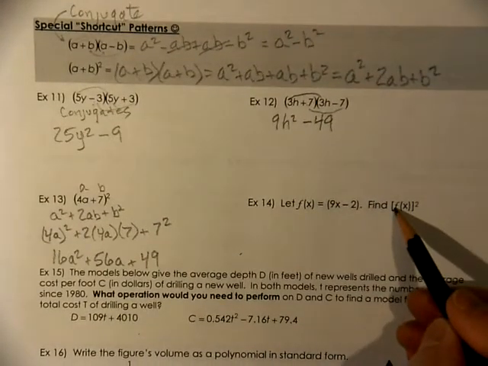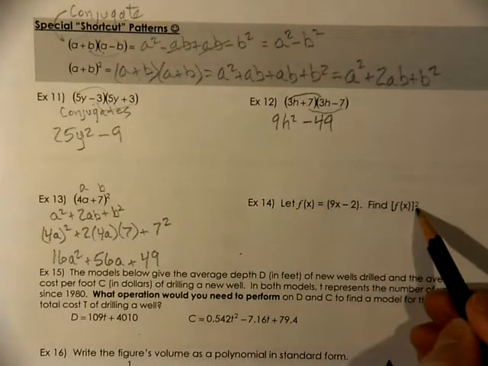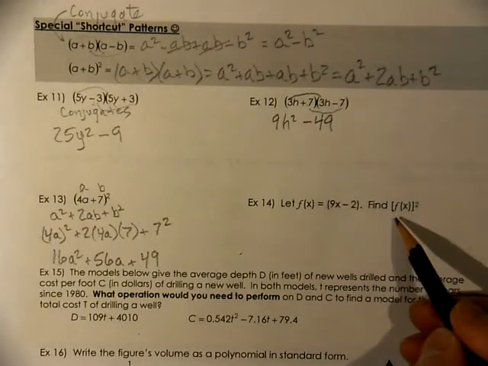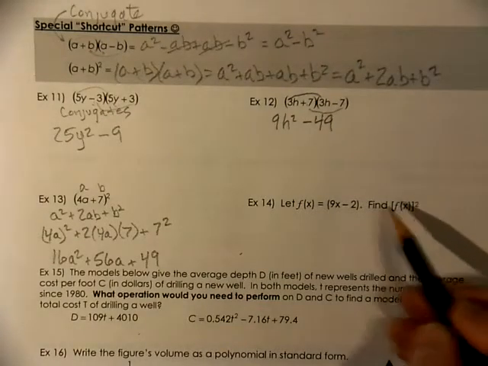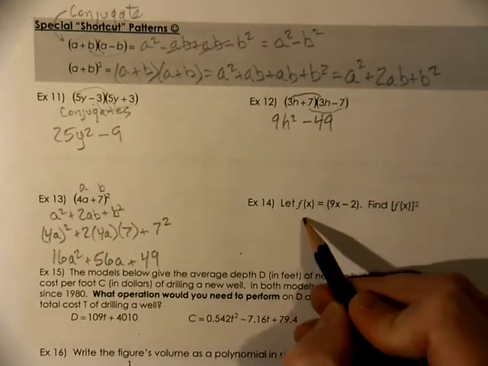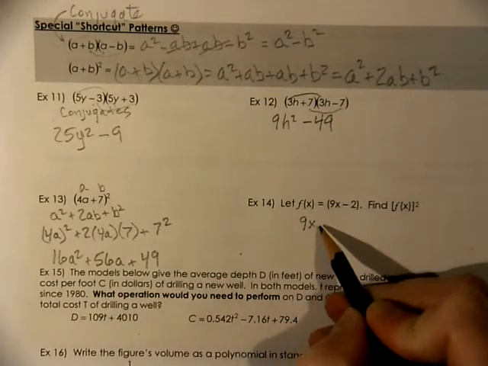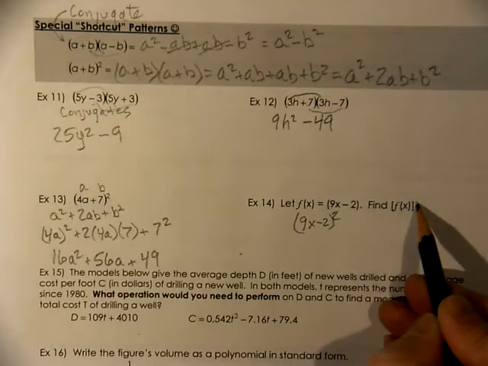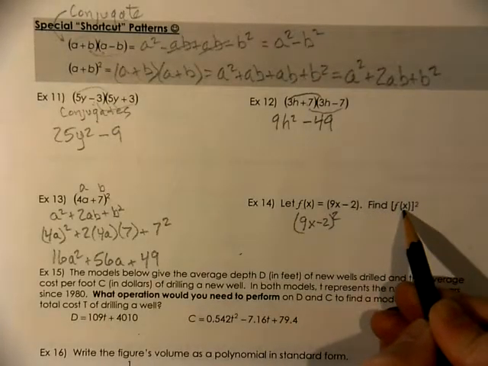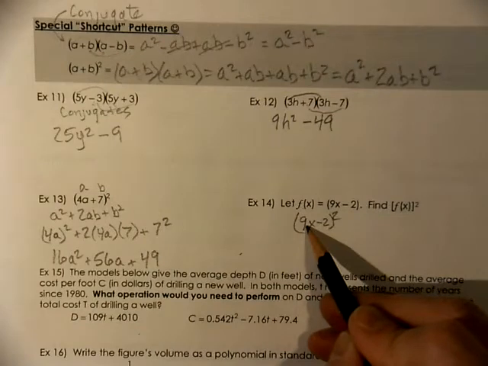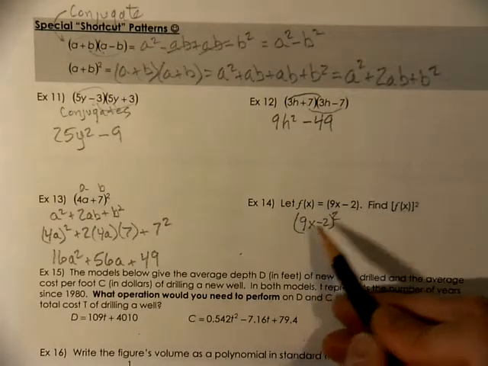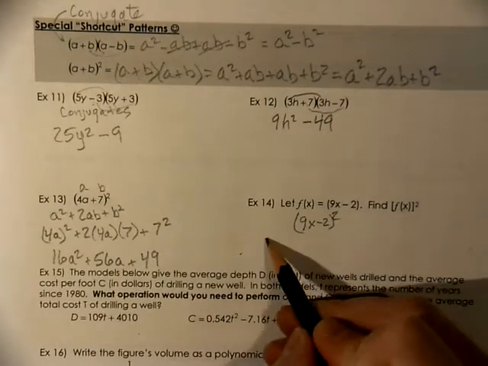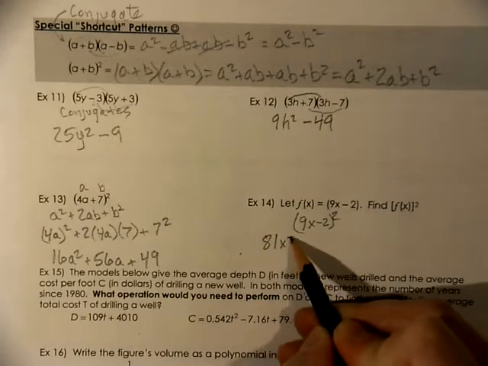So here we have f(x) squared. That's just function notation about squaring your function. Here is your function. So we are squaring 9x minus 2 because you're squaring the f function. So when you square the f function, you end up getting 9x being squared.